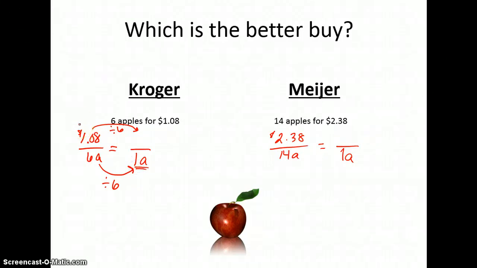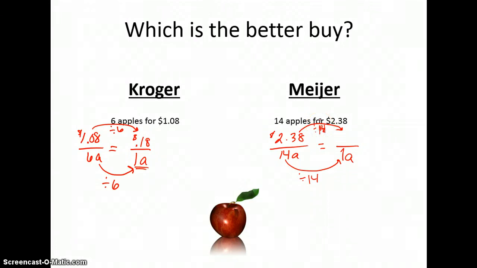So, $1.08 divided by 6, that gives me 18 cents for 1 apple. Now let's figure out how much I'd pay at Meijer. Well, to get from 14 to 1, I need to divide by 14. So I also need to take $2.38, and divide that by 14.